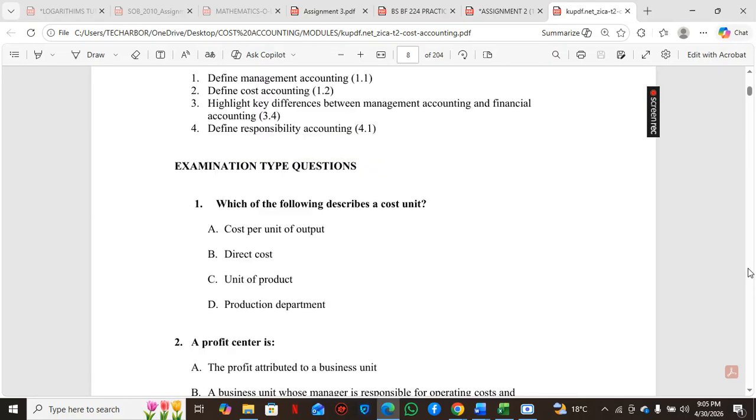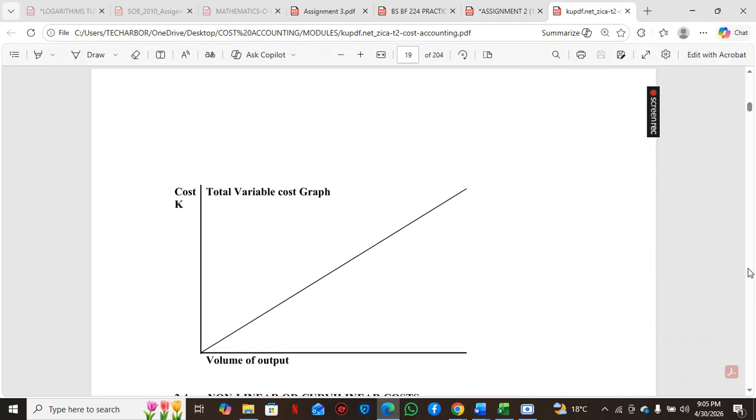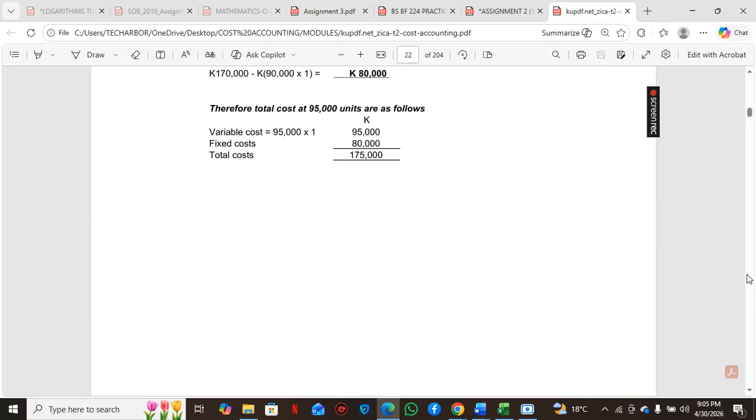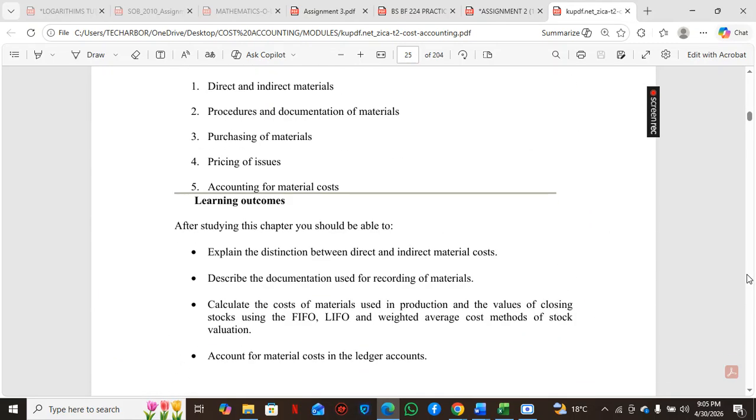This is overhead apportionment, sharing of overheads across departments.